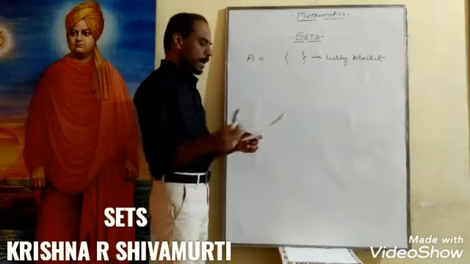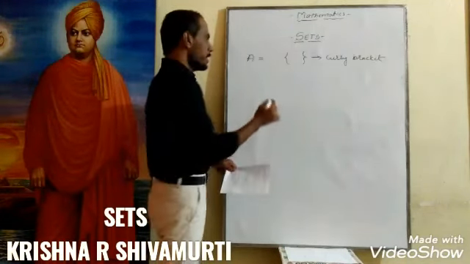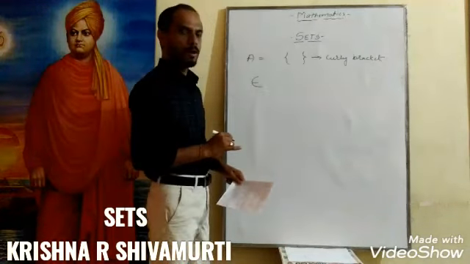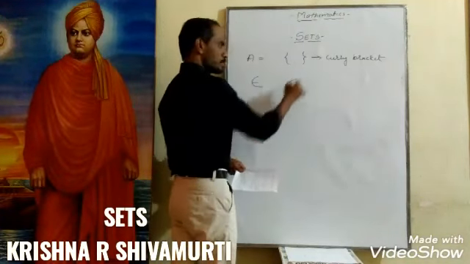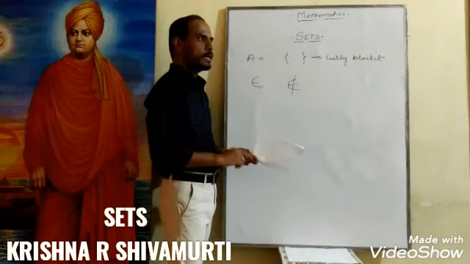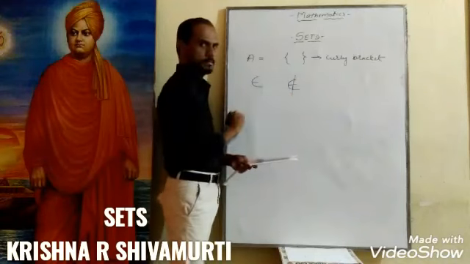Okay, students, in sets we use some symbols. This symbol we generally call belongs to, and this one not belongs to; that is, is an element, is not an element.